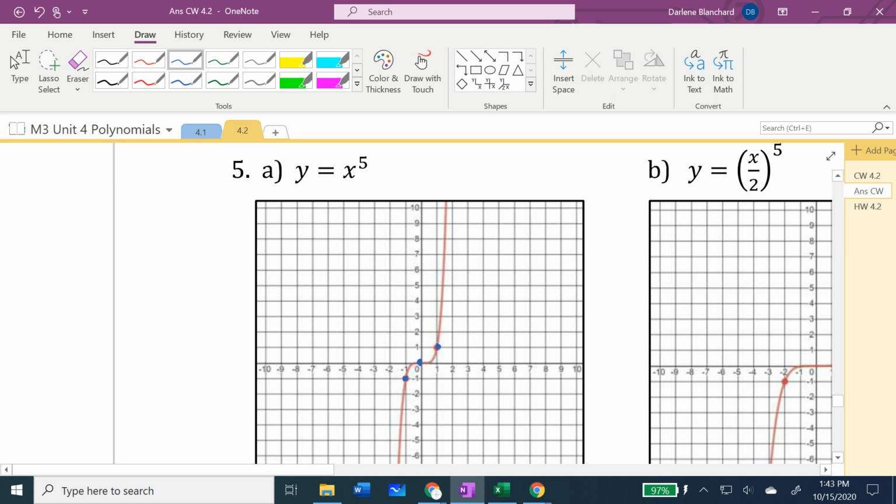Do you remember what you do to a graph if x is divided by 2? What is that going to change on the parent graph? If x is divided by 2, then what am I going to do to my x coordinates? Right.